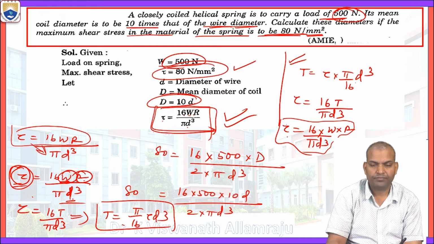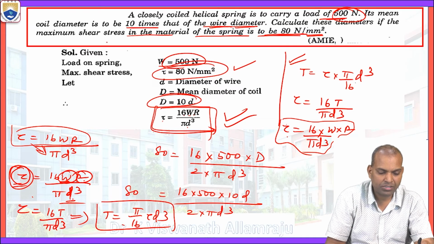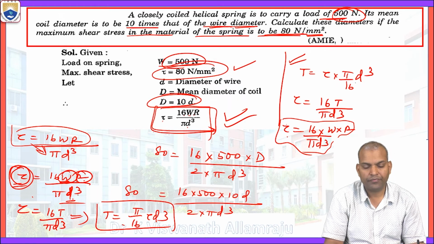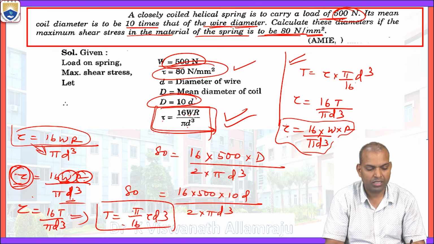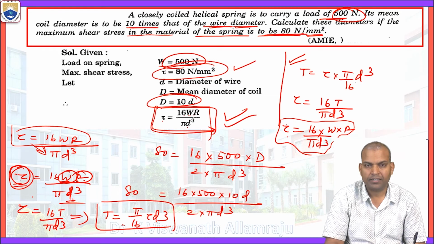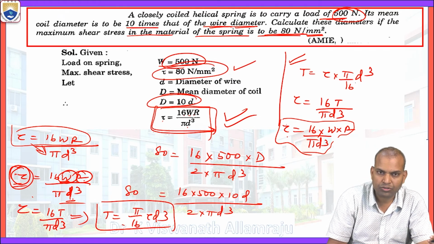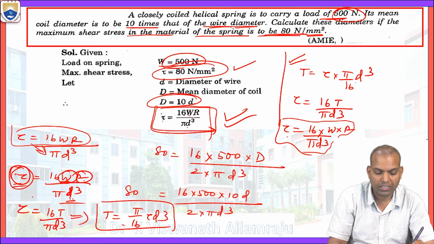So if we know the values of axial load, mean coil diameter, and the diameter of the wire, we can calculate the shear stress directly. These are direct solving problems, provided the formulas are known clearly.